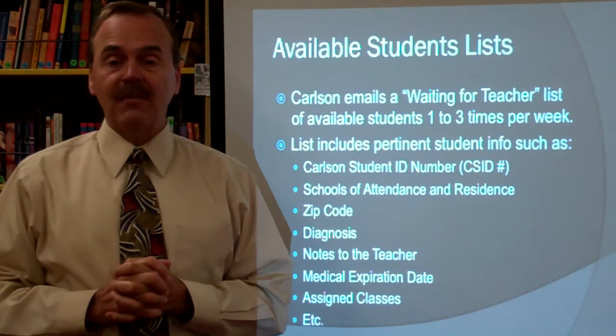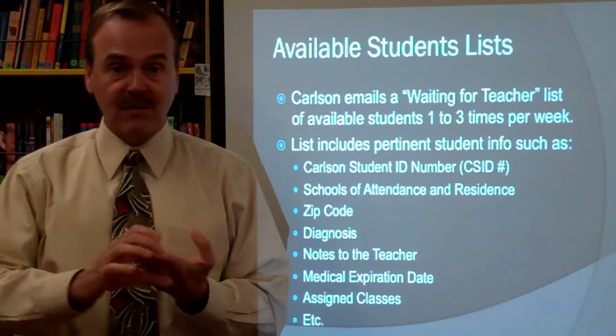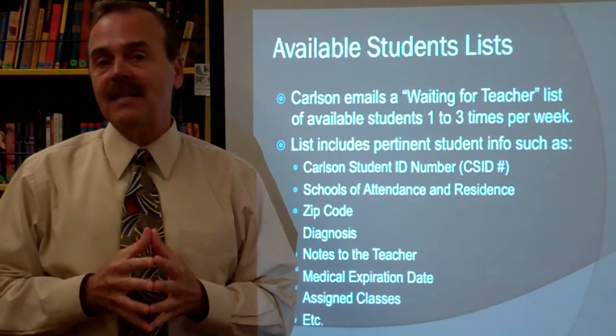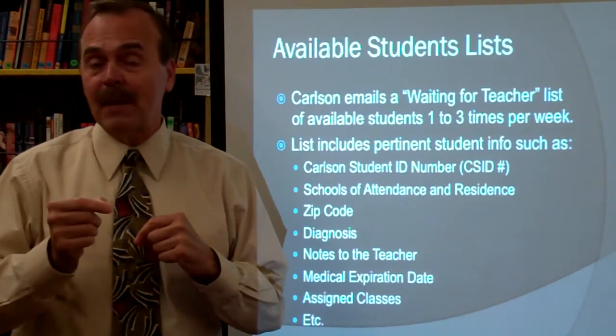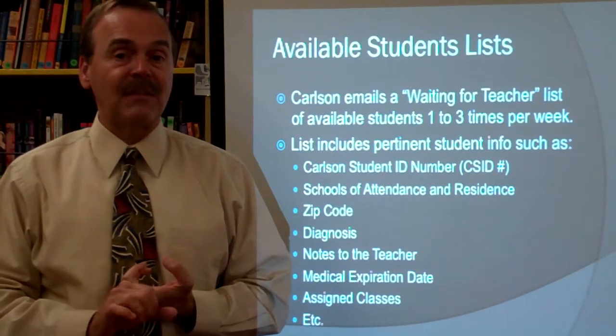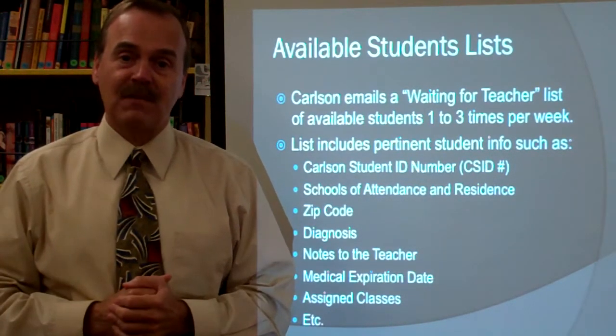The list doesn't have the student's name, nor does it have their address or phone number. However, it does have enough information that you would look at that student and say, you know what, I think that I'm just the right teacher for that student.